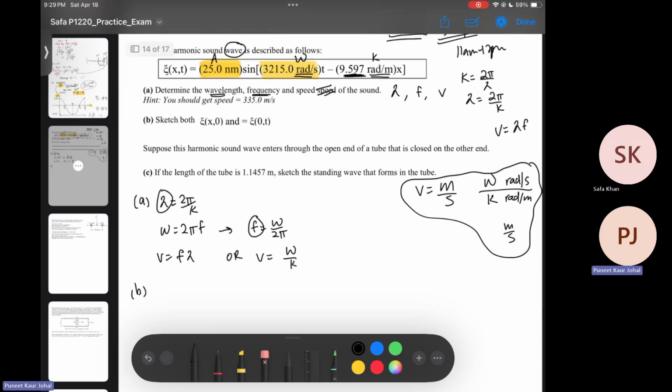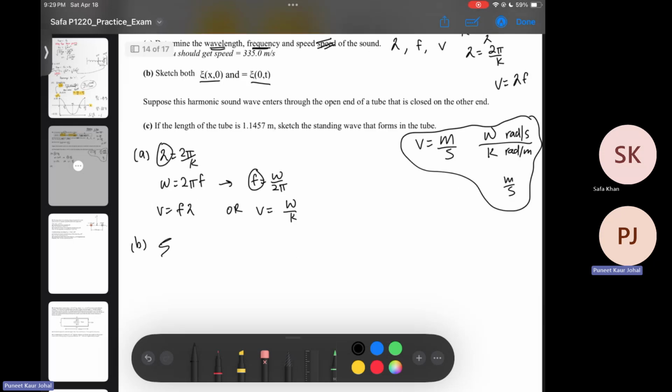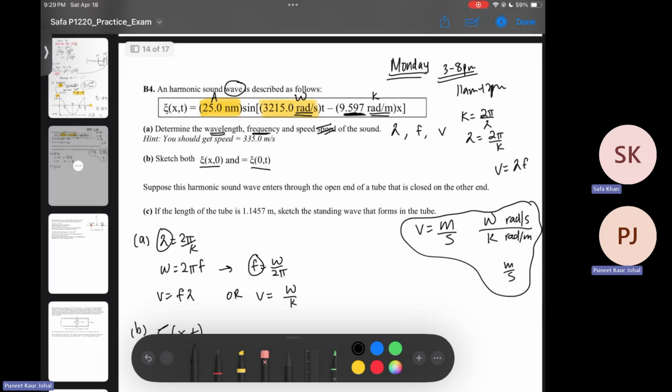Okay, next up, we're doing sketch a graph of epsilon(x, 0) and epsilon(0, t). The graph that we're given, I always have a hard time using this epsilon symbol, is an x-t graph, because it has variables t and x both in it.